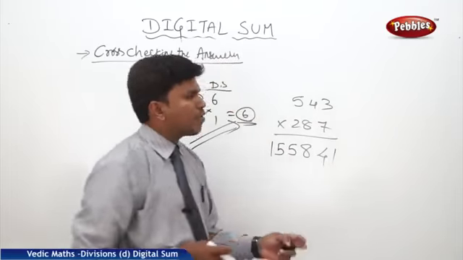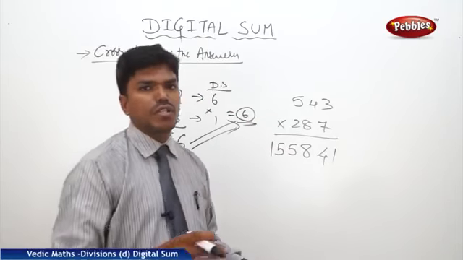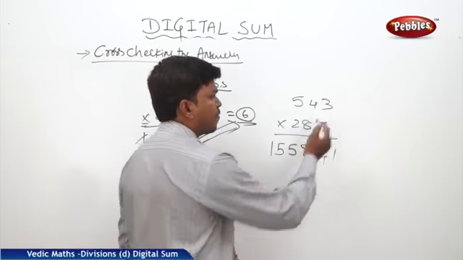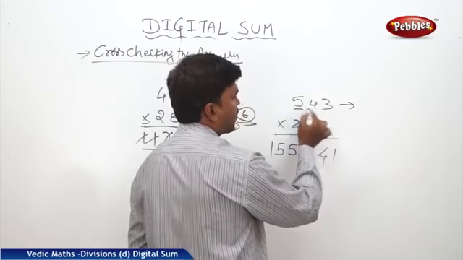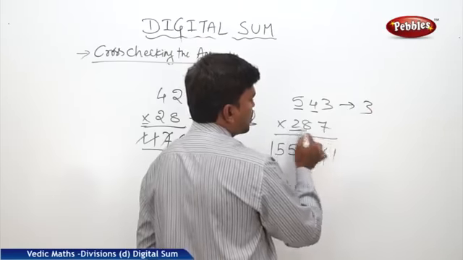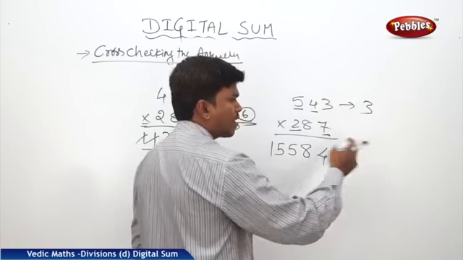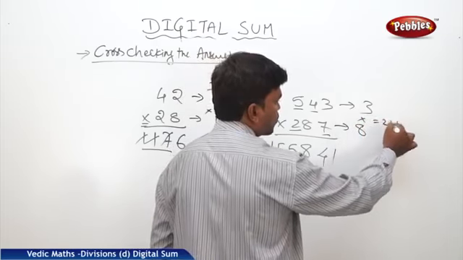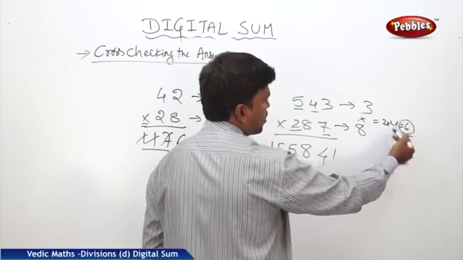I got this much answer. I want to check whether my answer is right or not. Let us see the same way. 5 and 4 ignore, 3, 2 and 7 ignore. Why? Because they are adding up to 9s, right? So I am ignoring. 8. So 3 into 8, 24. That is 2 plus 4, 6. So I got the digital sum as 6.